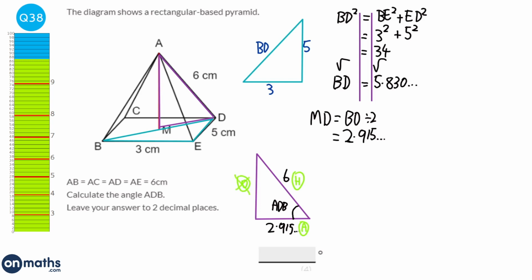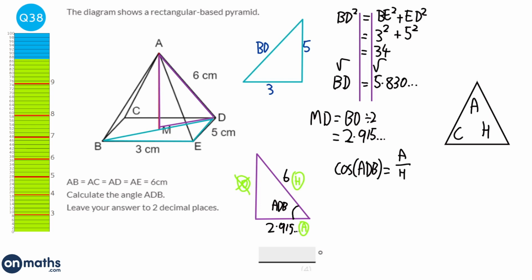So the adjacent and hypotenuse means we'll be using cos, C-A-H, and so it's going to be cos brackets ADB equals the adjacent over the hypotenuse. Let's get our tram lines in. Okay, that's going to equal 2.915 and so on over the hypotenuse, which is 6.